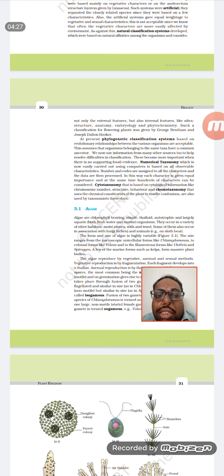On this basis, the first and the lowest group is algae. These algae are autotrophic in nature and they are aquatic. We can see algae both in fresh waters and in the oceans, that is, in marine forms.